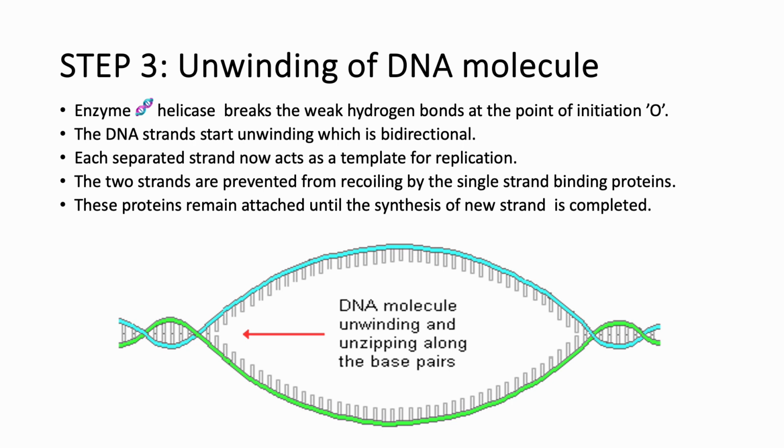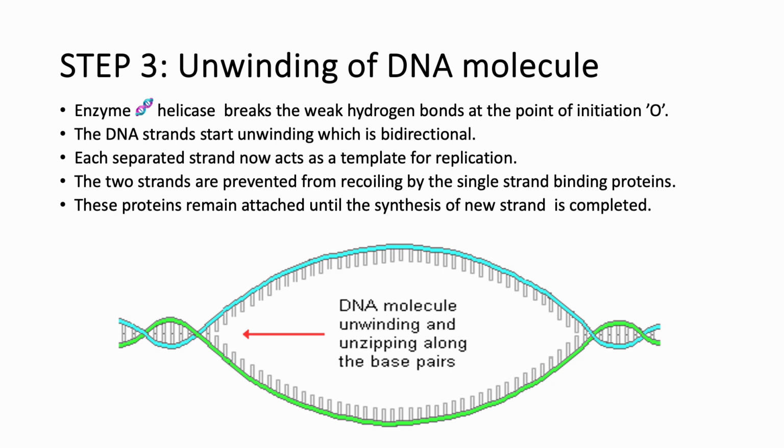Each separated strand now acts as a template for replication. The two strands are prevented from recoiling by the single strand binding proteins, and these proteins remain attached until the synthesis of new strand is completed. As you can see in the illustration, this is how the unwinding of the two strands of DNA takes place.